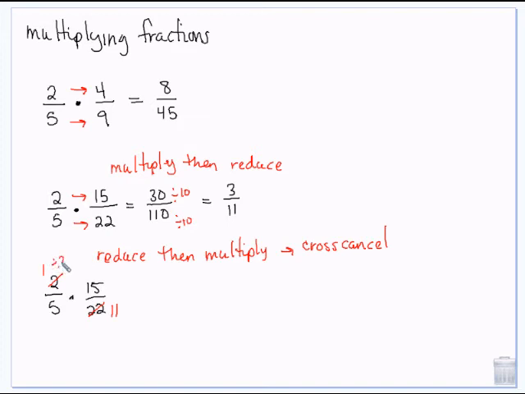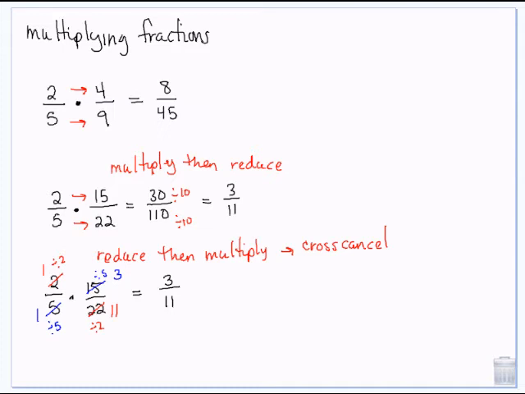Okay, so I divided by 2. And then 5 and 15, those both divide by 5. So I'm going to get 1 and 3. And then when I multiply, I have 1 times 3, which is 3, and 1 times 11, which is 11.